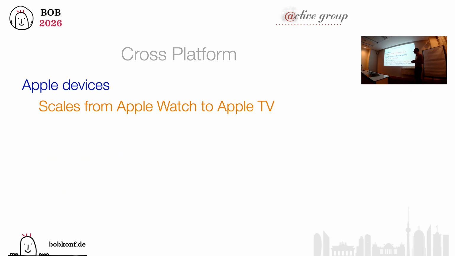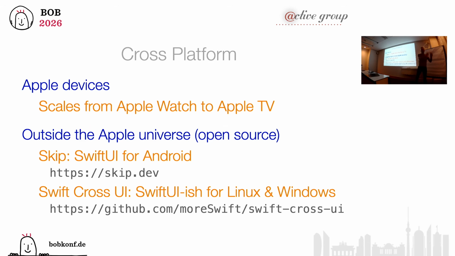But it's also cross-platform outside of the Apple ecosystem. There is a project called Skip, which is basically SwiftUI cross-platform for Android and iPhones. That's a quite mature project, which people use in production. And then the second one, Swift Cross UI. Sorry, it's difficult to read down there.